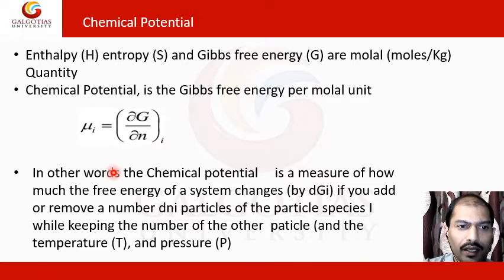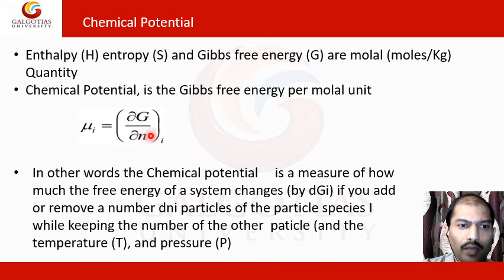In other words, the chemical potential is a measure of how much the free energy of a system changes by del G i if you add or remove a number dn i of particles.